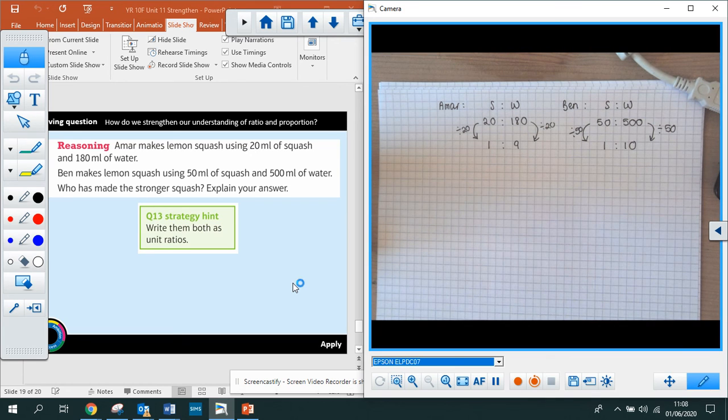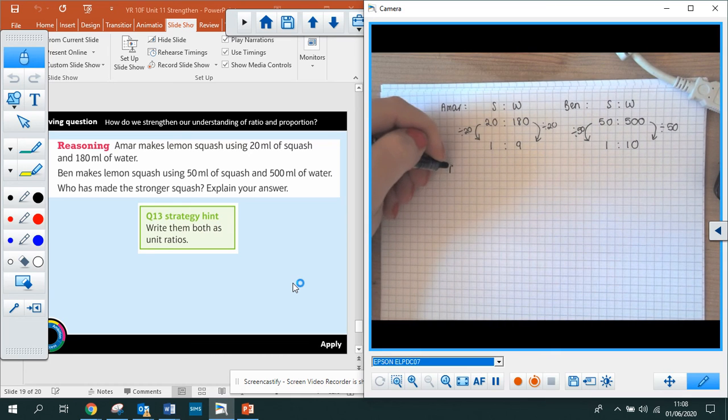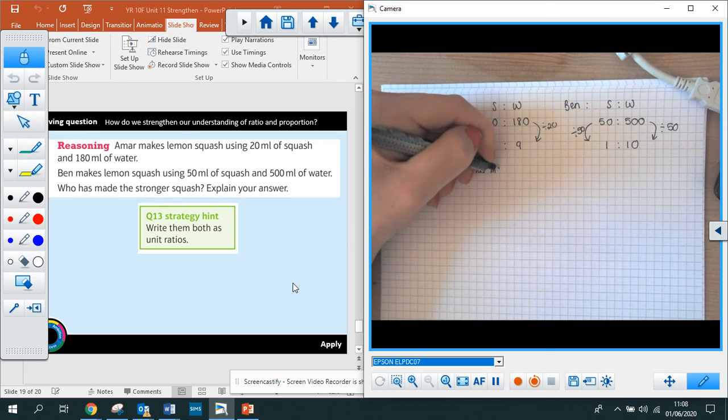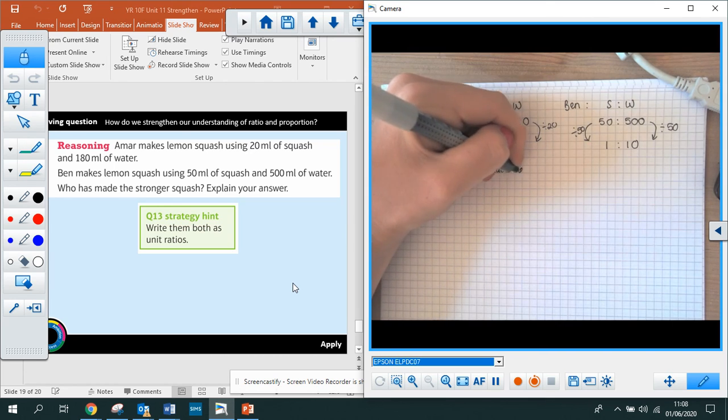But this is the bit that you need to be careful with and make sure you conclude properly. It says, who has made the stronger squash? And you must explain your answer. The answer is Amar. Amar has made the stronger squash.